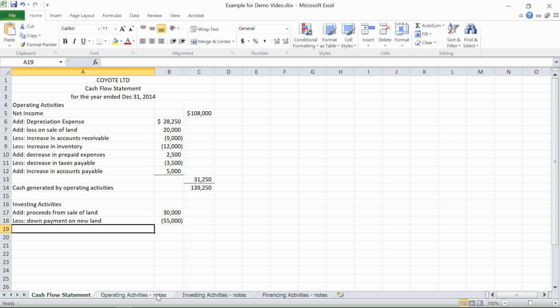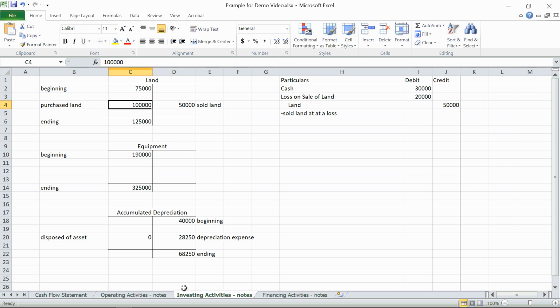Now I need to look at the equipment account. We were already told that no assets were disposed of. We dealt with that in the operating section when we needed to calculate depreciation expense. So we know that we didn't sell any equipment.